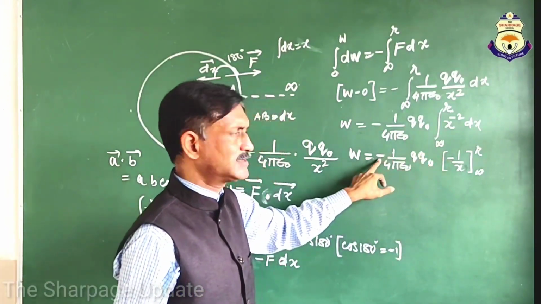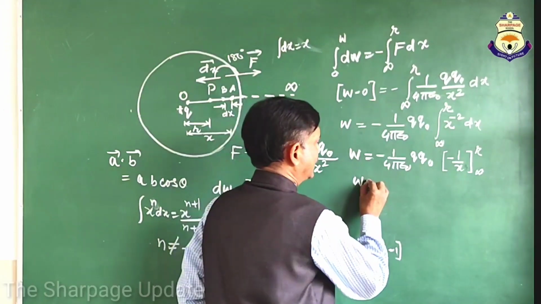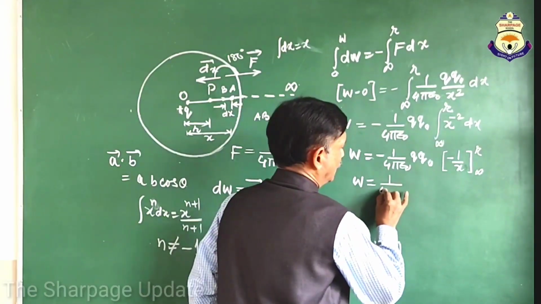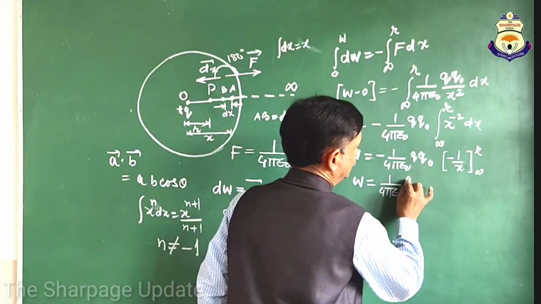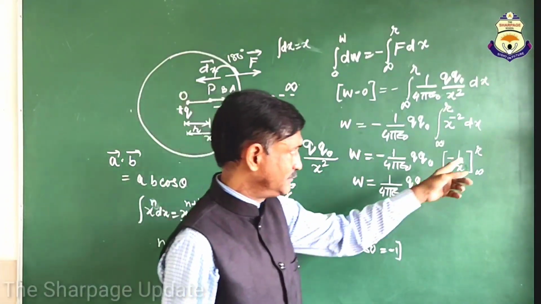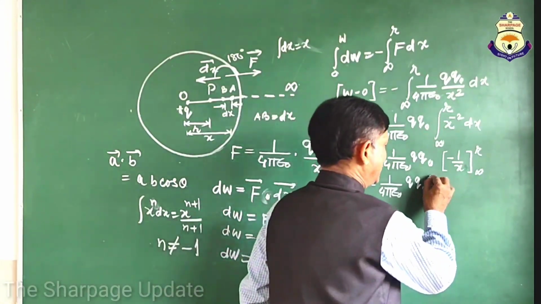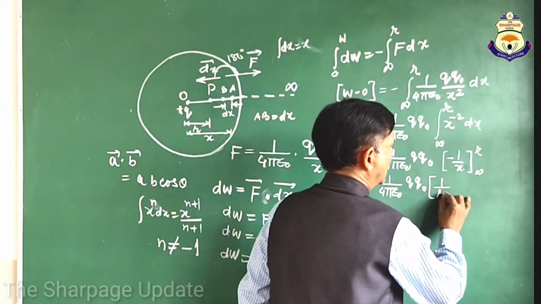Minus and minus makes positive sign, so we get W equal to 1 upon 4 pi epsilon 0 q0, and by substituting the limits, upper limit minus lower limit, we get 1 upon r minus 1 upon infinity.